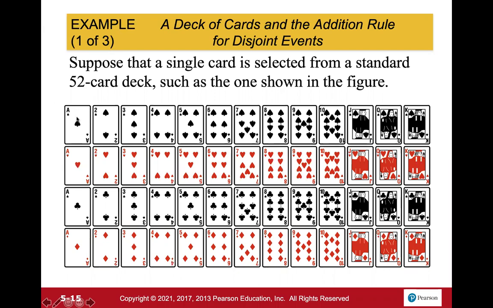And each suit has 13 different cards. So one is replaced with an A or ace. Then we have 2 through 10. Then we have a jack, queen, and then a king. So that makes up the 13 different cards within each suit, and the 4 suits, 4 times 13 gives us that 52.